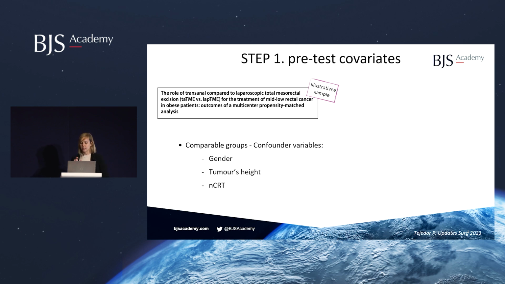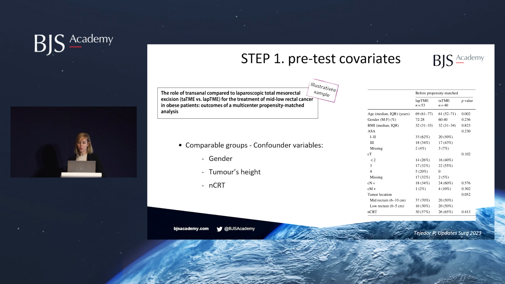For example, it won't be the same to have a male or a female patient, the tumor height, the percentage of patients with neoadjuvant chemoradiotherapy, the obesity, etc. All of these will be our covariates and cannot differ between the two groups of the study. However, as we can see here, before the matching process in this study, there is an important difference in these three covariates.